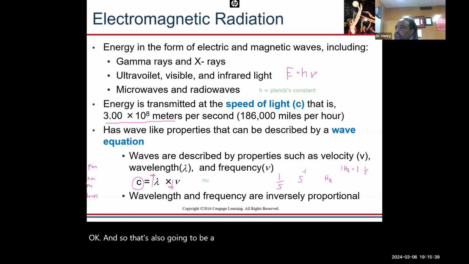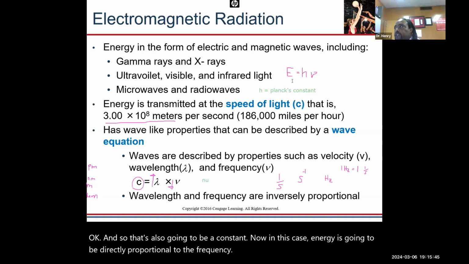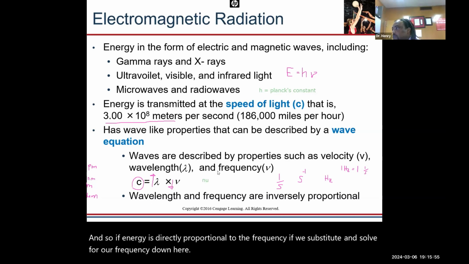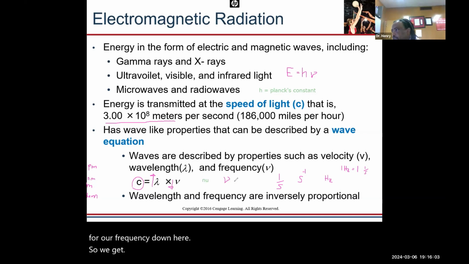In this case, energy is going to be directly proportional to the frequency. And if we substitute and solve for our frequency, nu is going to be equal to c over lambda.